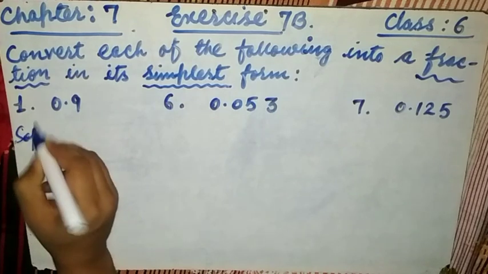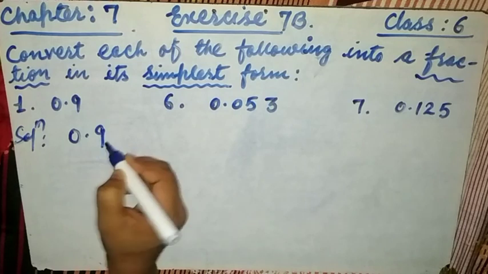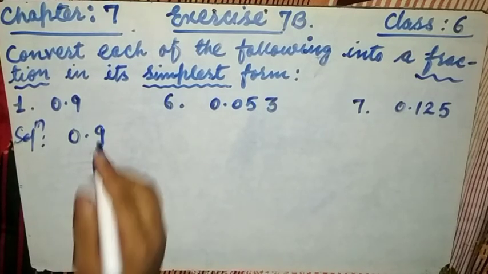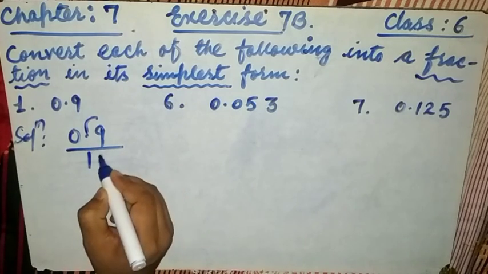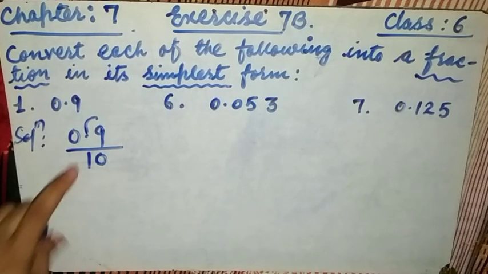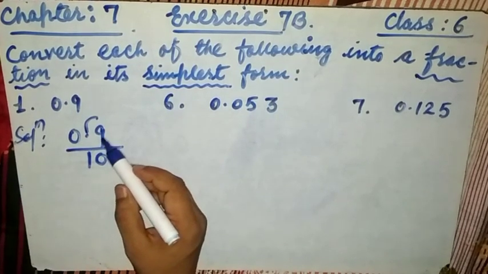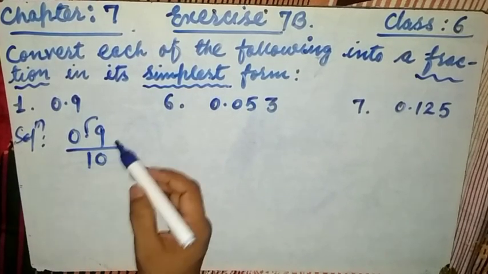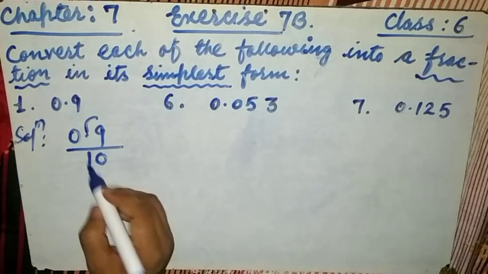So now let's make a start friends. See, have a look at 0.9. First of all write the question 0.9, and now we are going to remove this decimal. If you remove this decimal, then we have to place a denominator like 10. Why? Because after the decimal there is one digit, so we place 1 with 0 in the denominator.